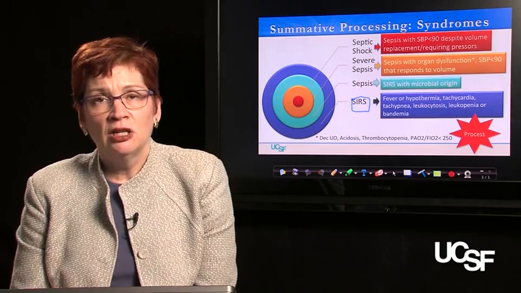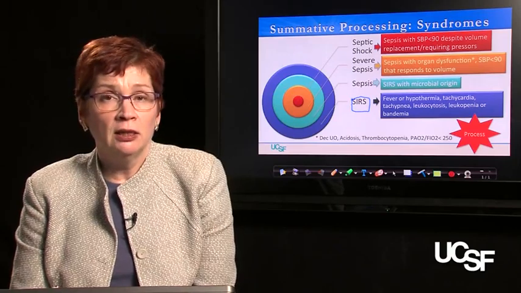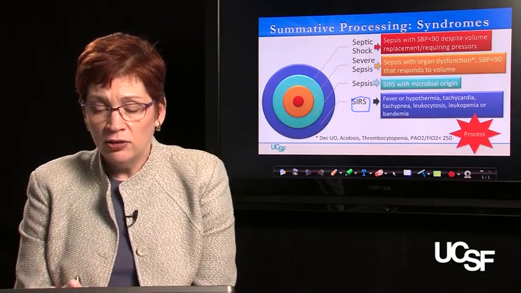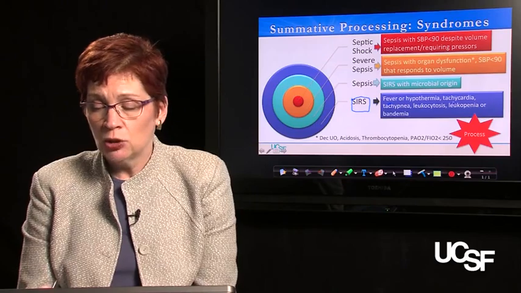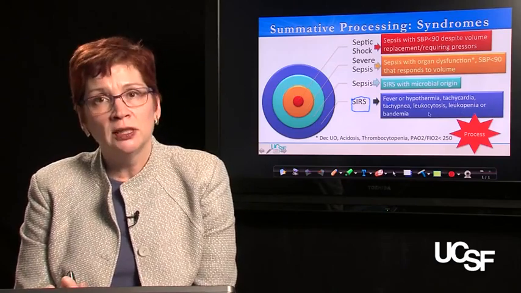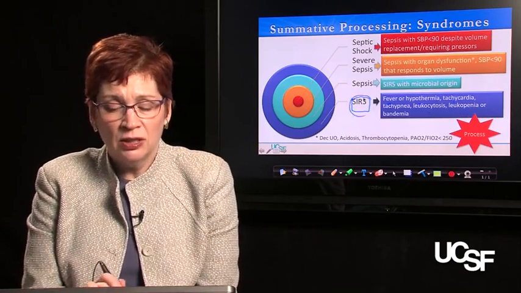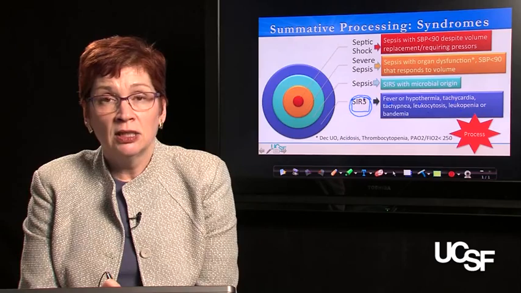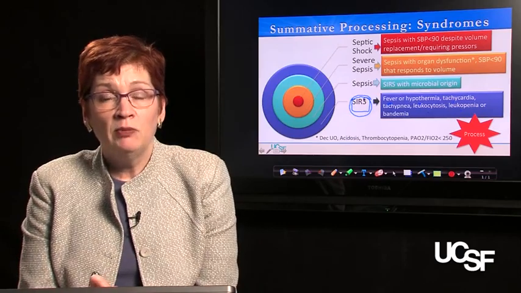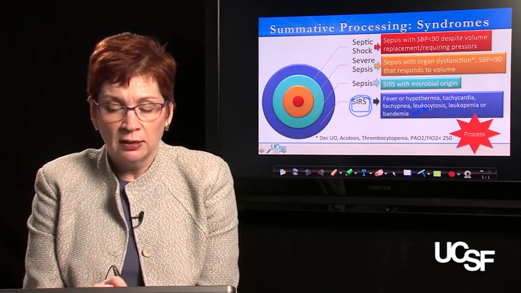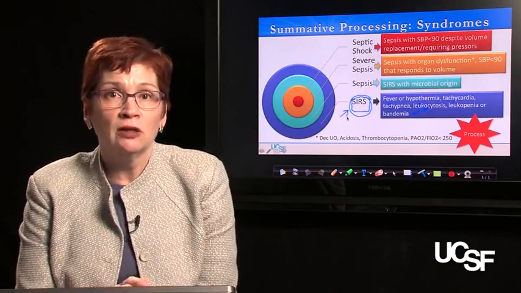If I, as a clinician, am examining a patient and looking at their labs and notice that all of these things are present, rather than listing them individually and trying to figure out what each individual sign or symptom is caused by, I can put them all together in one syndrome, communicate that there's a serious illness going on, and begin to establish, instead of a differential diagnosis for each of these things, a differential diagnosis for the condition of SIRS.